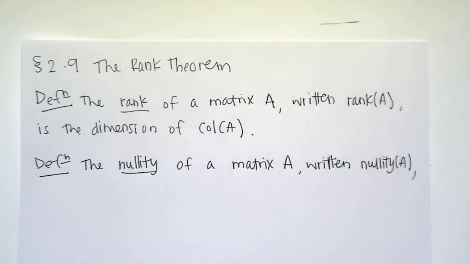Okay, so the nullity of the matrix A written as nullity A is the dimension of the null space.